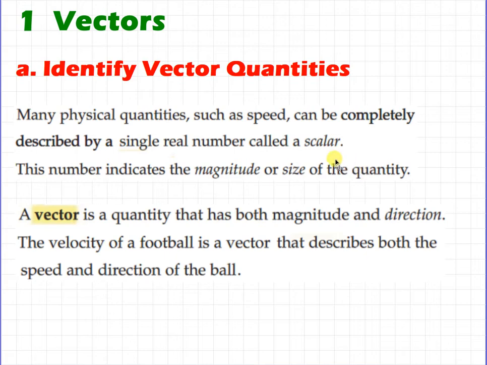So usually scalar quantities are described by magnitude only, whereas a vector is a quantity that has both magnitude and direction, such as the velocity. The velocity of a football is a vector that describes both the speed and the direction of the ball. Force is also another example of vector quantity. It needs magnitude and direction to be completely described, and so many other examples.